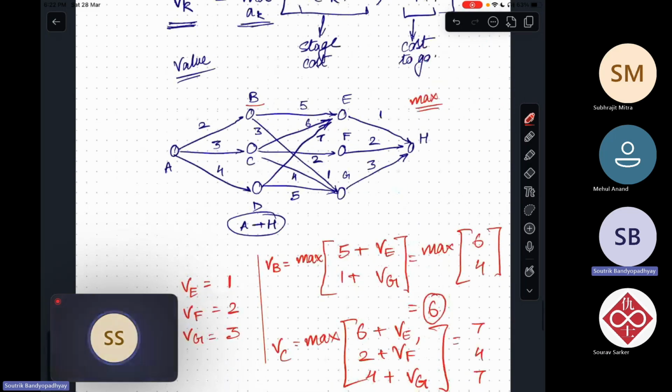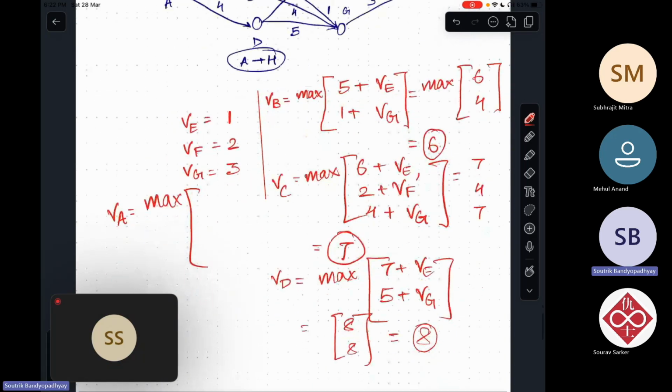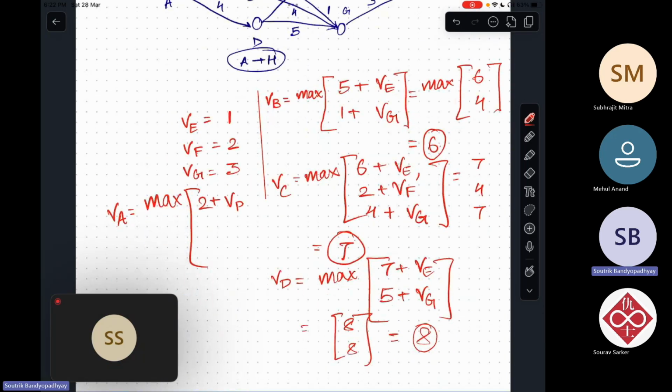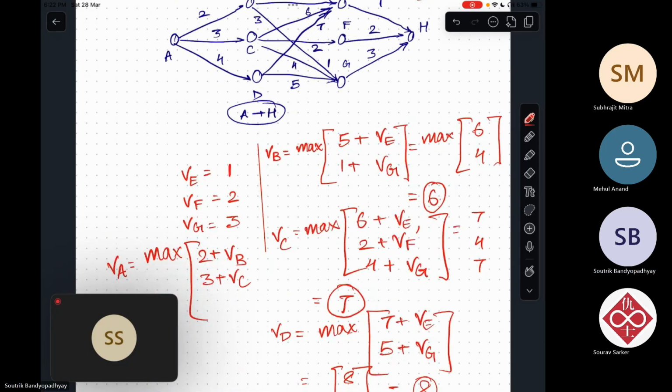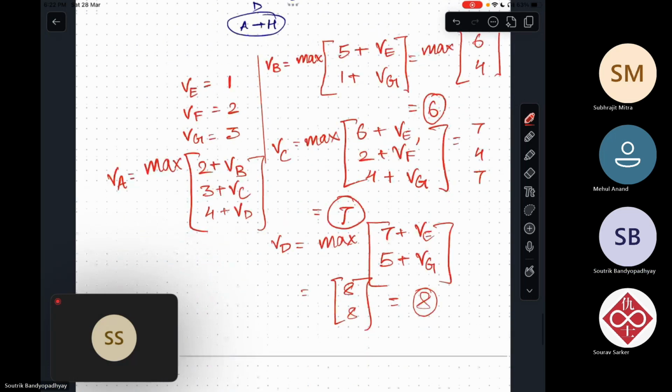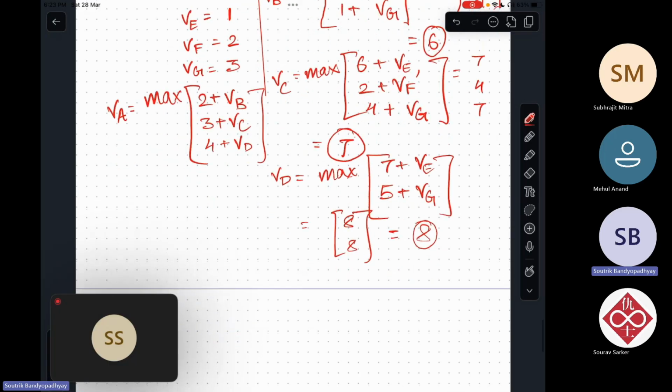And the final one and the main one which we have, V of A, there are three chains. So 2 plus V of B, 3 plus V of C, and 4 plus V of D. So effectively, this is 6, 7, and 8, right?